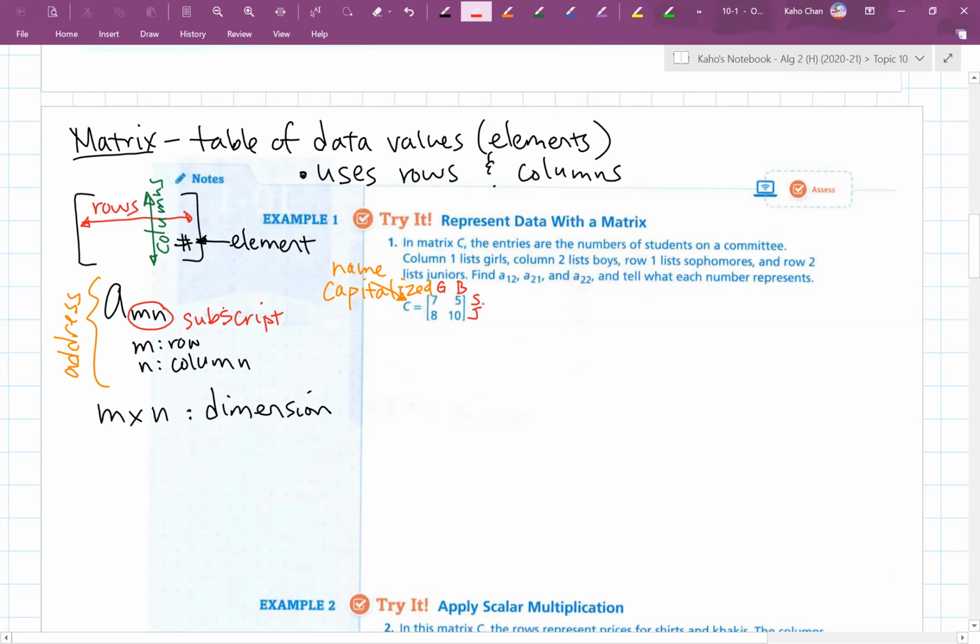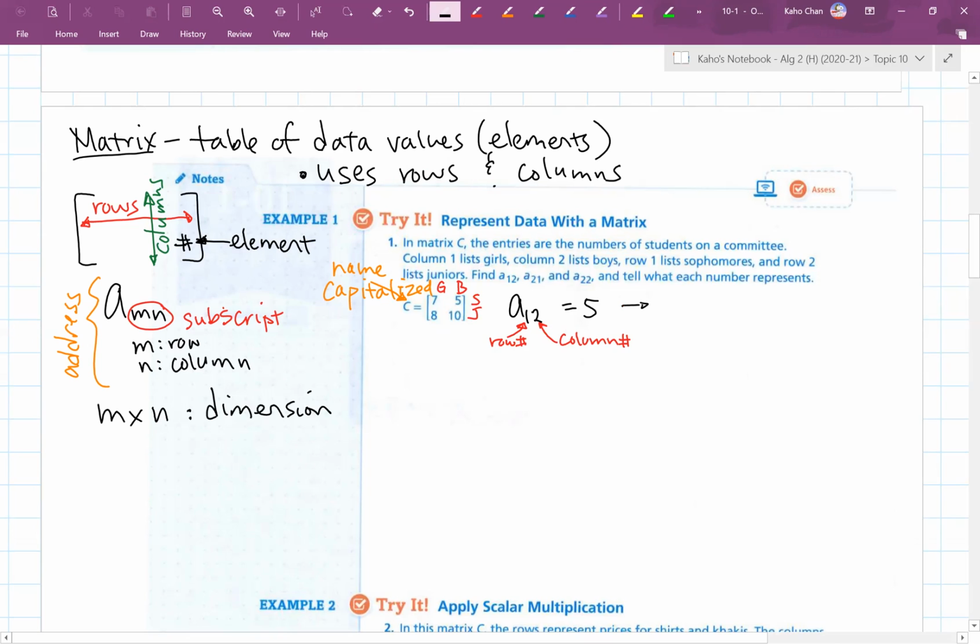They're just asking for the numbers, the actual data value itself. A12, of course, is referring to row 1, column 2. So row 1, column 2, the value is 5.